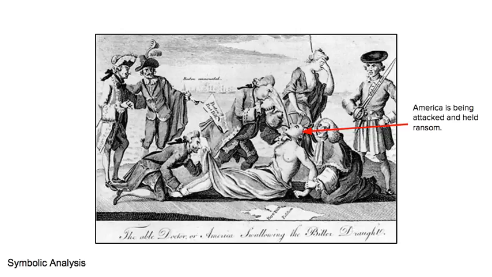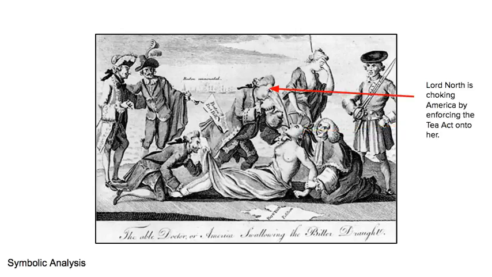America is obviously being attacked and held ransom. I can see Lord North, and Lord North is holding America by the throat in his left hand. He is choking her, and he is enforcing the Tea Act onto her. And we can assume that he's enforcing some kind of Tea Act on her because of the teapot that he's holding in his hand.